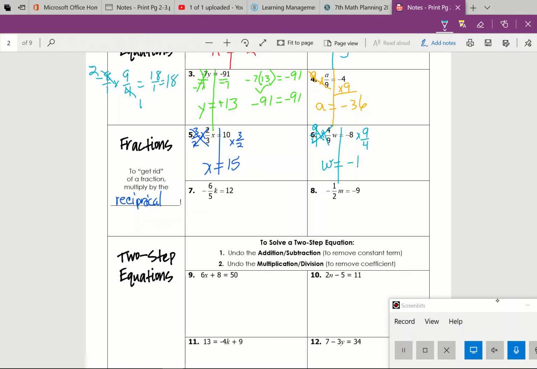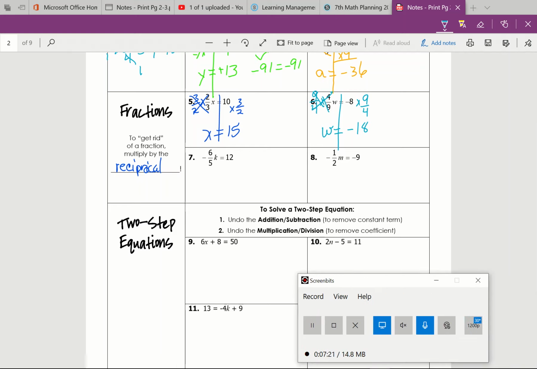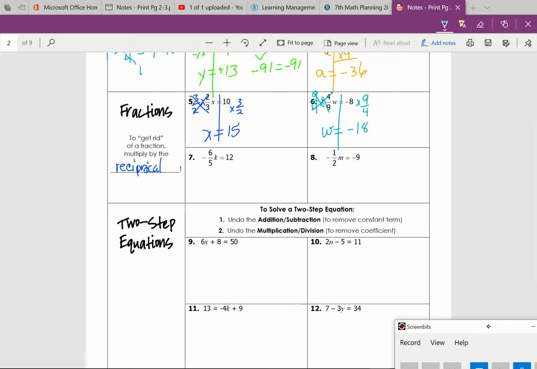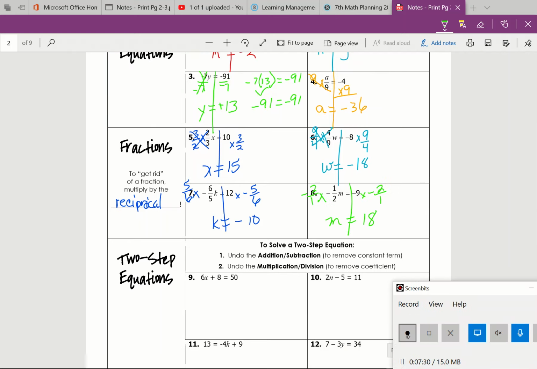And it's going to be negative because you have a positive and a negative being multiplied there. I'm not going to do the next two with you. But hit pause, go ahead and do them, and then I'll show you the answers.